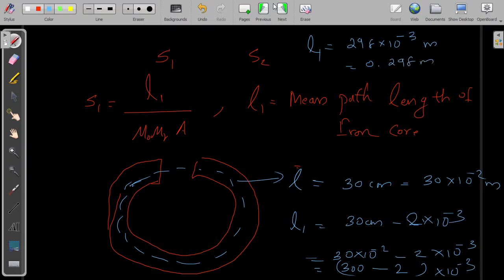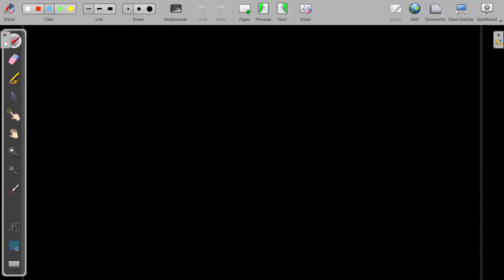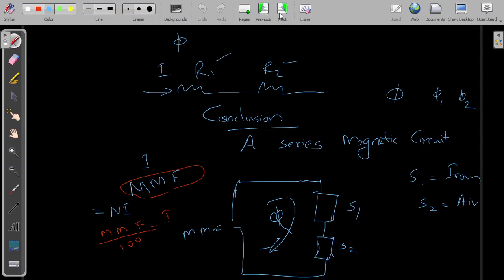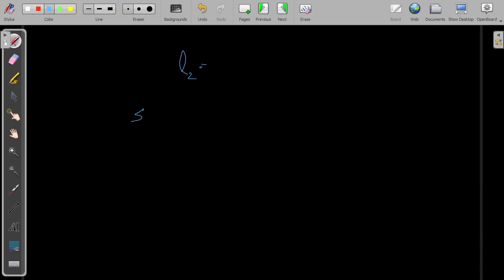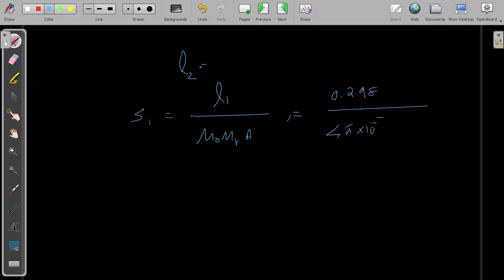This is L1. Now we have L2. In the next step, we will calculate this S1 equal to L1 divided by mu 0 mu r into A. So that will be equal to 0.298 divided by 4 pi into 10 power minus 7.